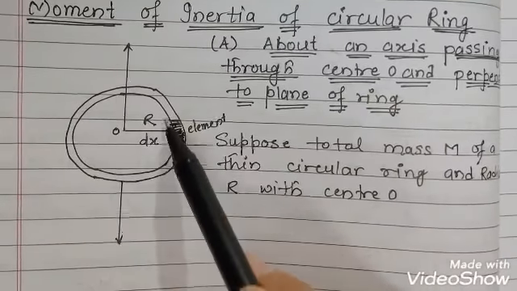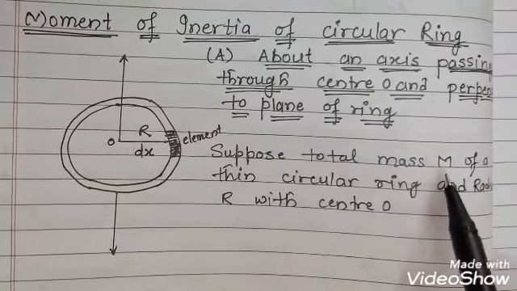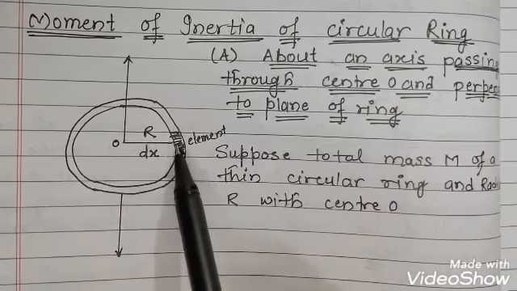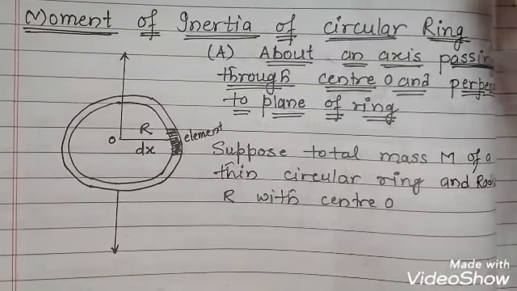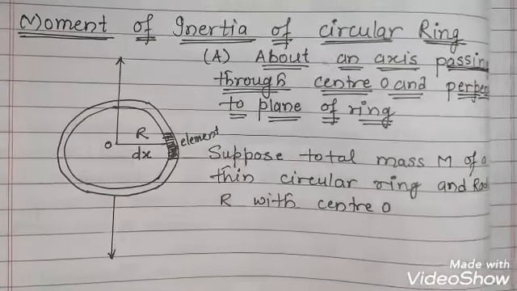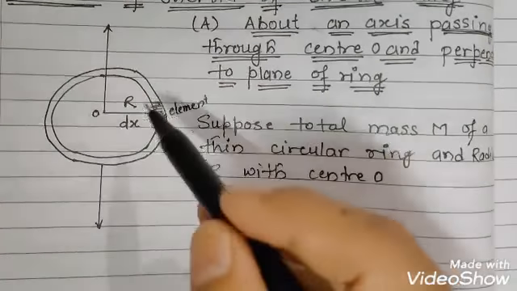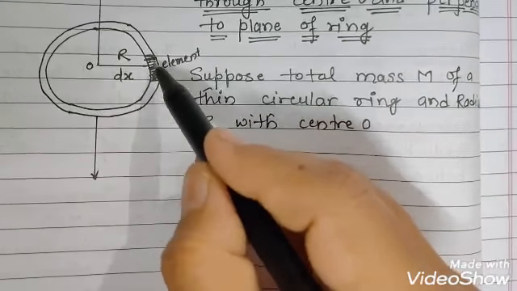The total mass of this ring is capital M, the radius of the ring is capital R, with center O. Now we have chosen a small element here.